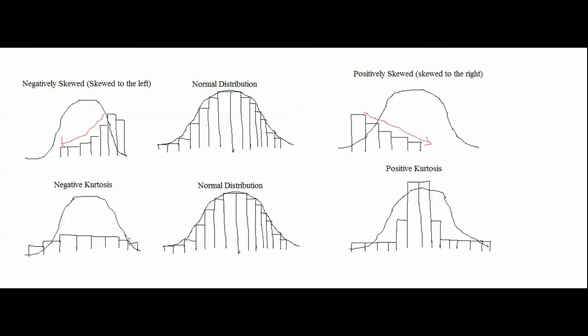And in a negative kurtosis, the heights of the bars are more similar. We don't really have a peak that stands out very much. But in a positive kurtosis, we have a peak that stands out a lot. The peak is more distinct than in a normal distribution because you actually have this tall and narrow peak that appears in the middle right here in the graph.